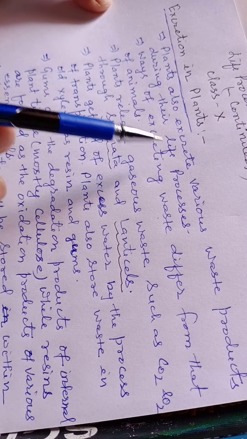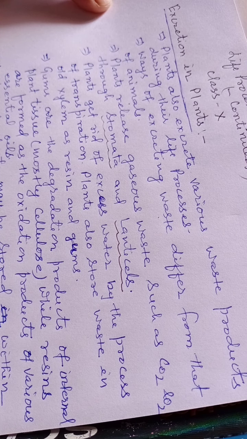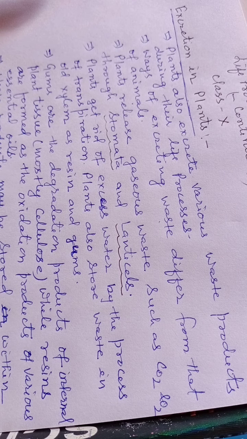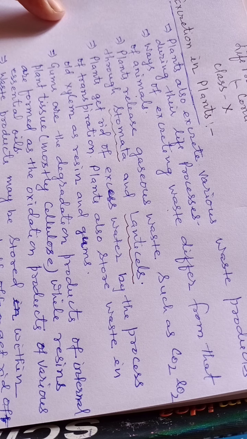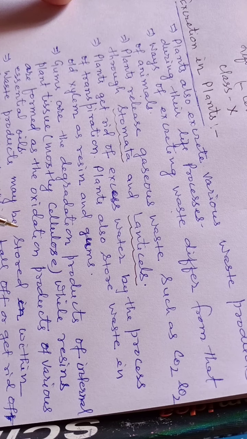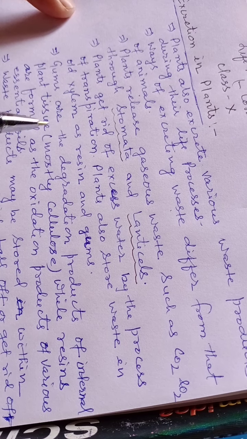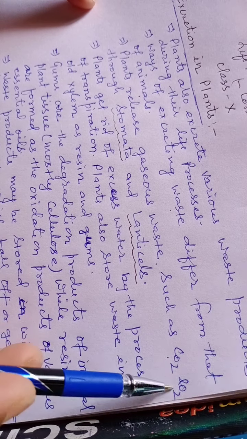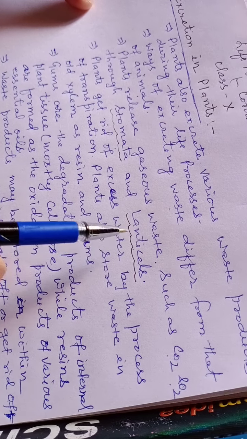No doubt, plants also excrete various waste products during their life processes, during their metabolic activities. For example, during respiration carbon dioxide is formed, and this carbon dioxide must be given out. So plants release gaseous waste such as CO2 and O2 through stomata and lenticel.